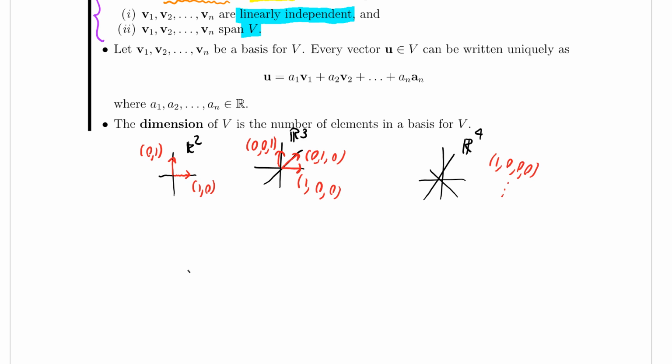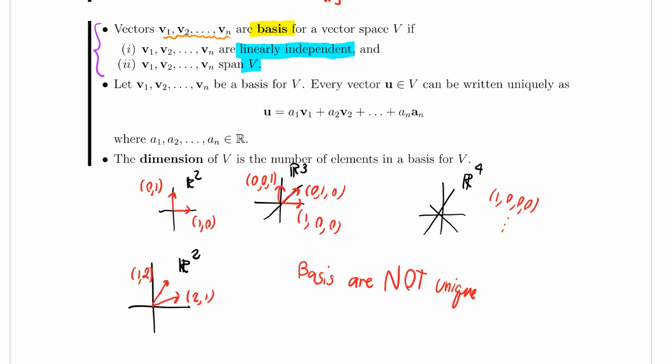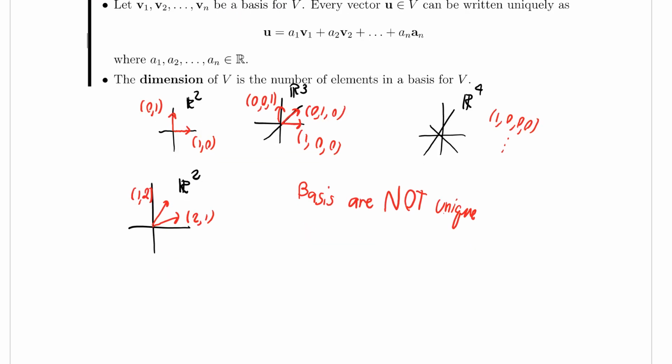So for example, the bases of a vector space are not going to be unique. Let me write that down. Bases are not unique. For example, in R2, I can now say that the vector 2, 1 and another one, the vector 1, 2, are also a basis for R squared, because these two guys are linearly independent and they also span the space.